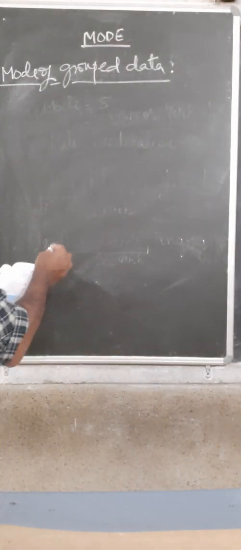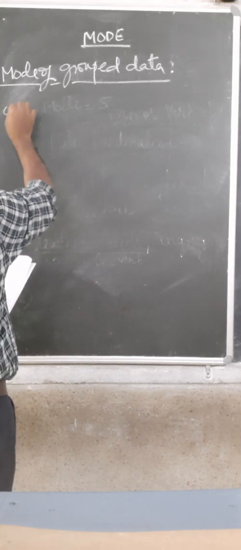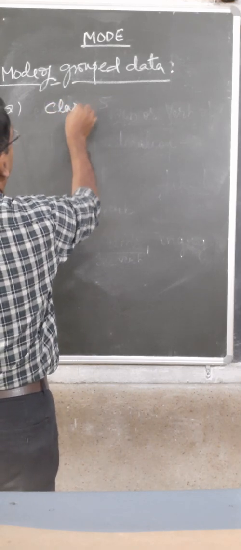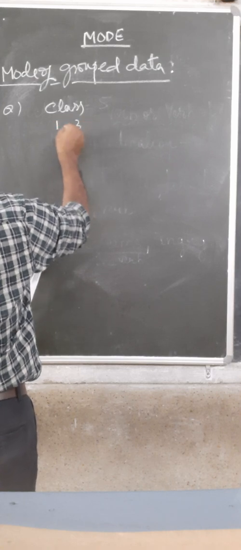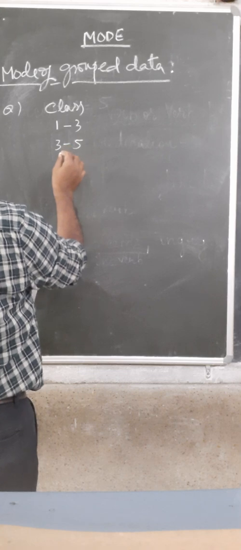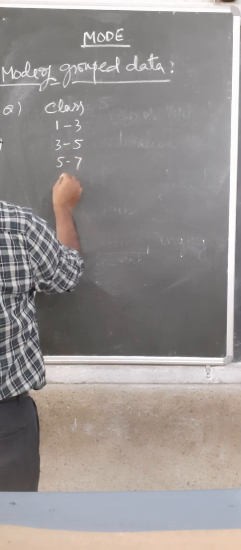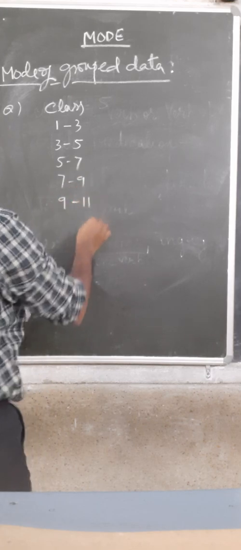Now, suppose it is given in a question. Classes are given 1 to 3, 3 to 5, 5 to 7, 7 to 9, and 9 to 11.